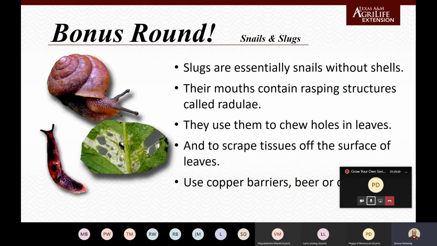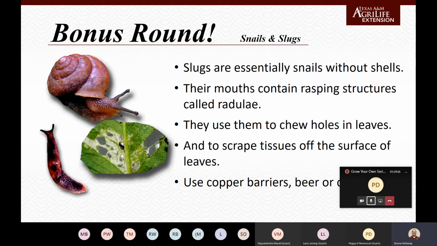And similarly, we tend to not see slugs and snails during the daytime, but we see here from the green leaf, the damage on here. It looks similar to what we think would be a caterpillar or a grasshopper, and it's just rasping of the foliage. And these ones are a little bit more difficult to control.